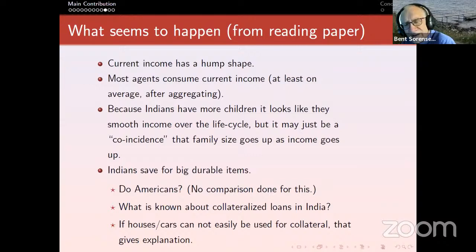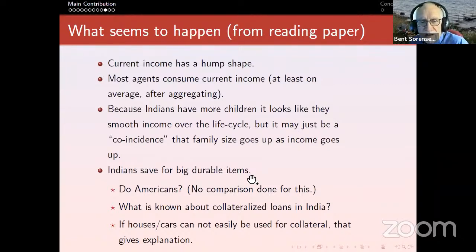If that's what happened, it's sort of mechanical. Of course, some people would try to model endogenous fertility, but that's probably a second order thing. So I'm not sure it's so interesting to see all this flattening, because it seems to some extent mechanical, just because people have more children.